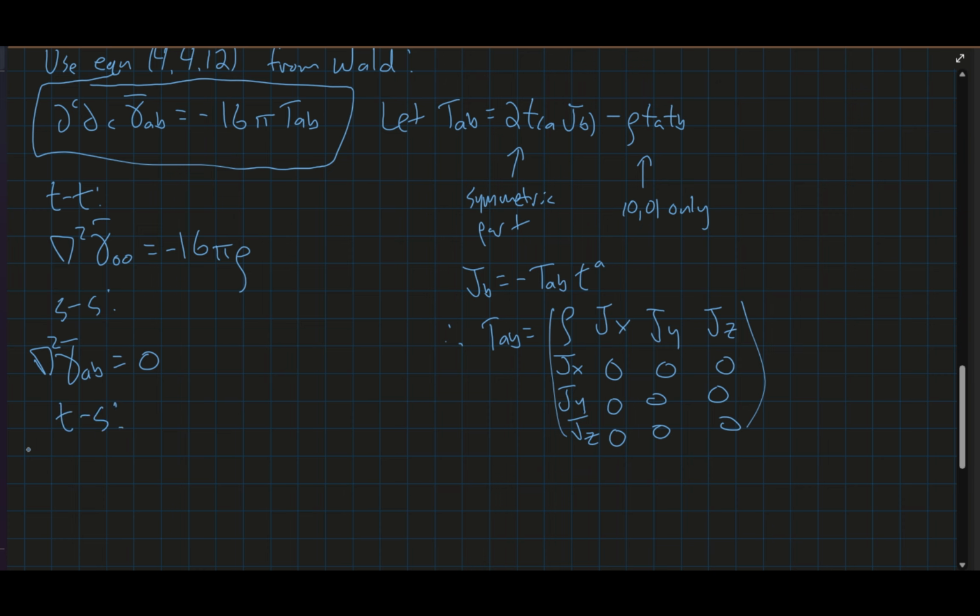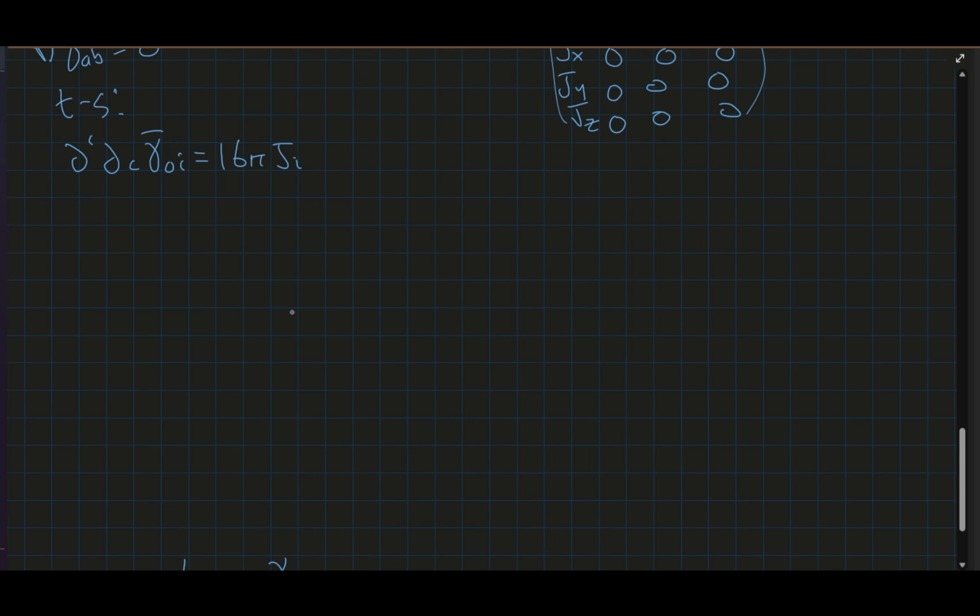But the time space equations are the ones that are different now because of these J's. So we get del squared gamma bar 0 I is 16 pi JI, where you can think of these JIs as momentum densities, so you can write this as rho times the velocities Vx, Vy, Vz.